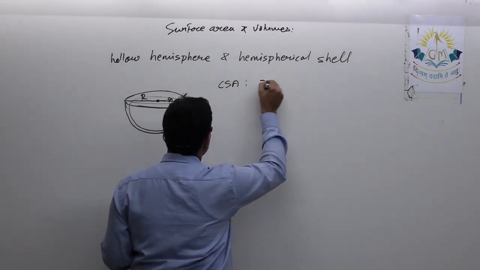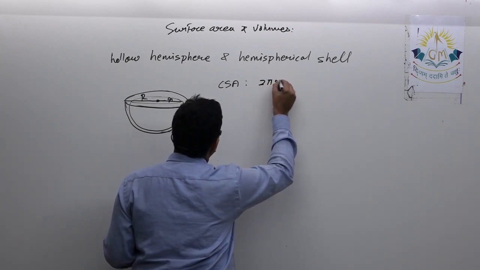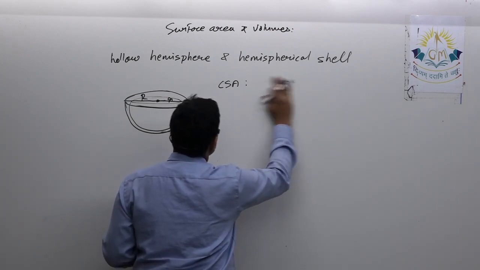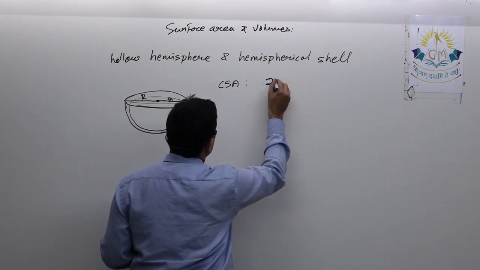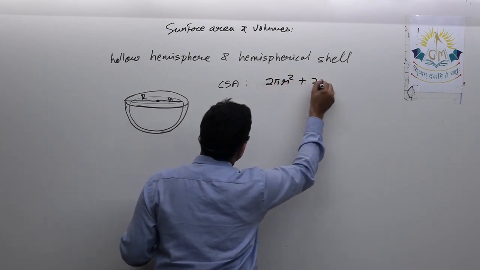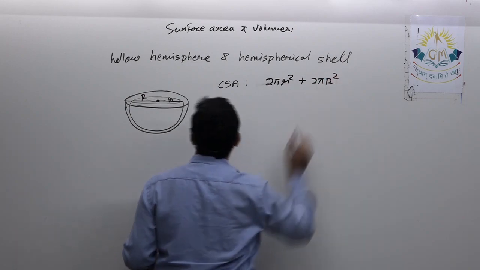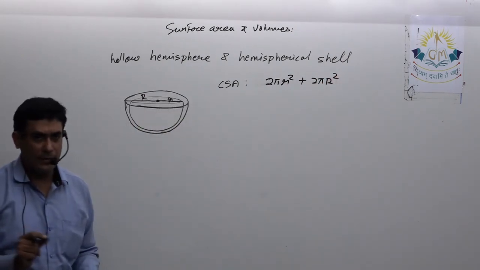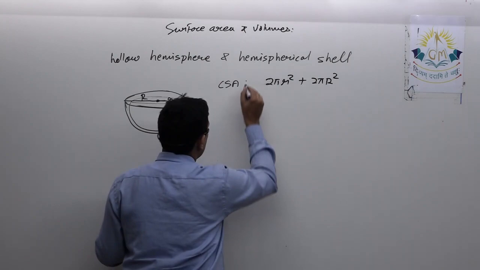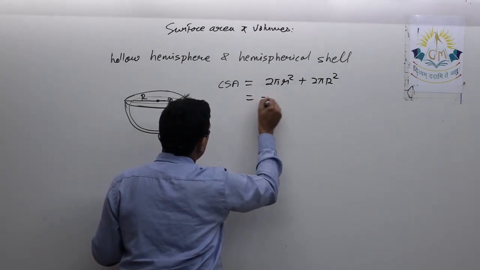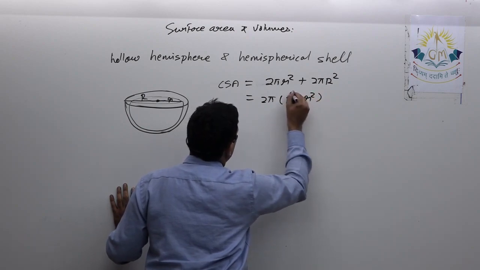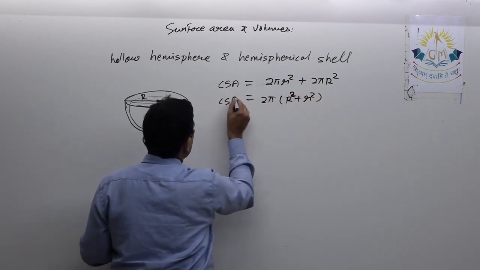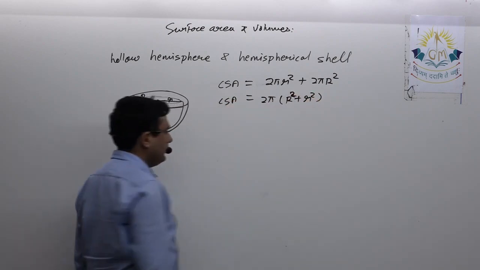So its CSA will be 2 pi r square plus 2 pi capital R square. I'm assuming it has some thickness. So if I take 2 pi common, that is 2 pi (R square plus r square), that is the curved surface area of a hemispherical shell.